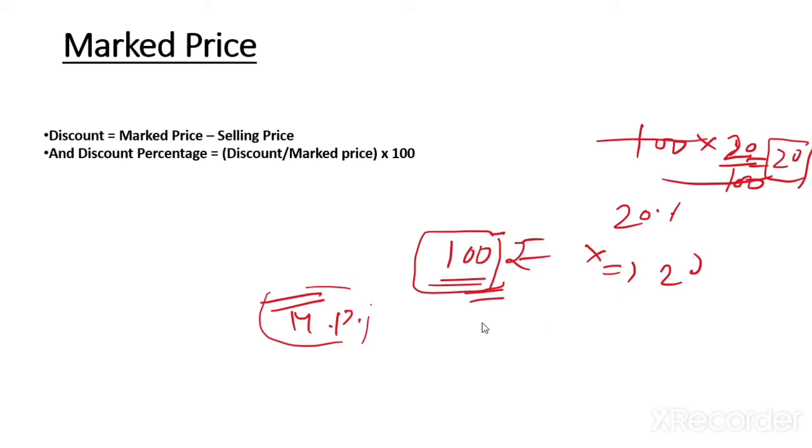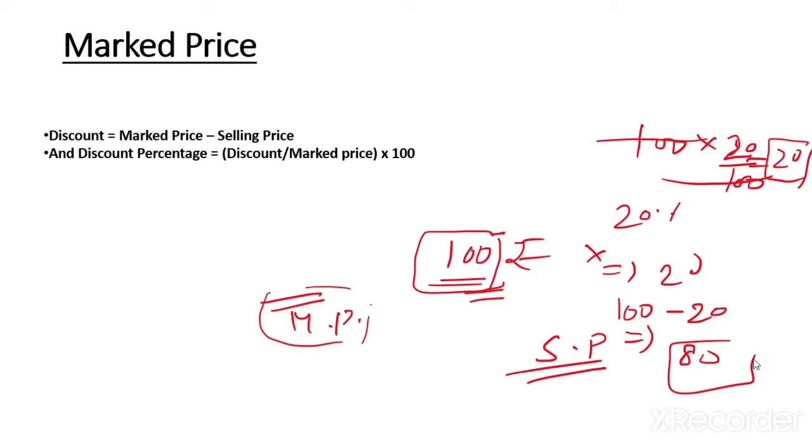So what will be SP then? SP is selling price, MP is 100 and discount is 20. So what will be SP? SP will be 80. That is how SP is calculated from MP. Discount is mark price minus selling price.